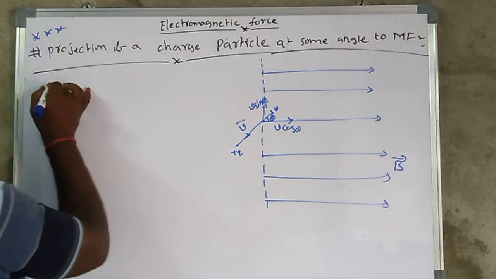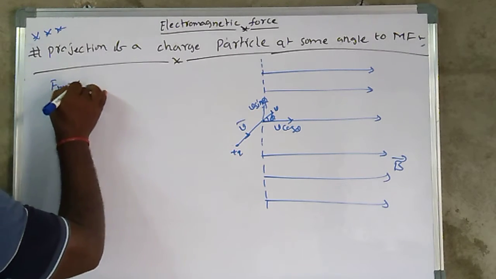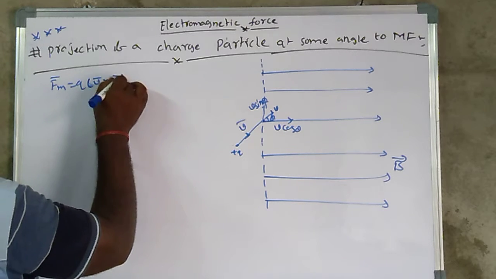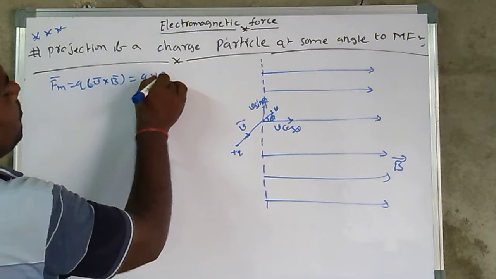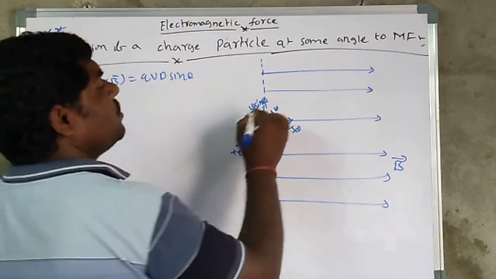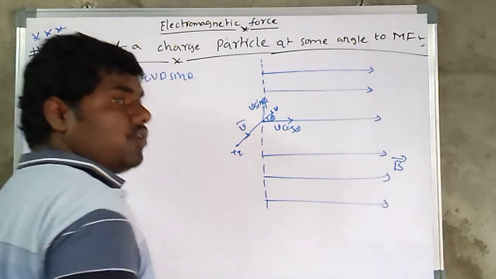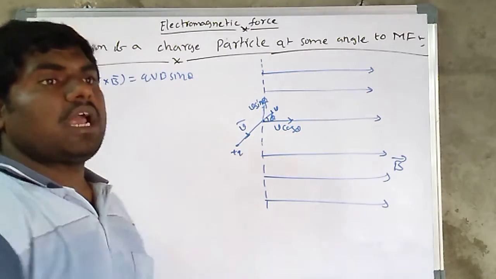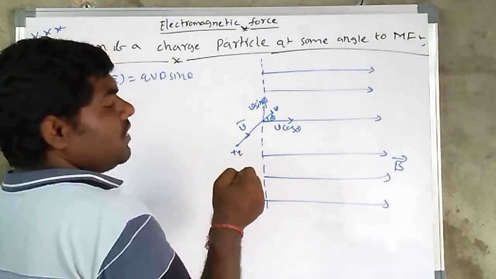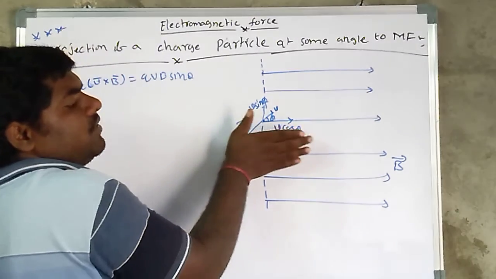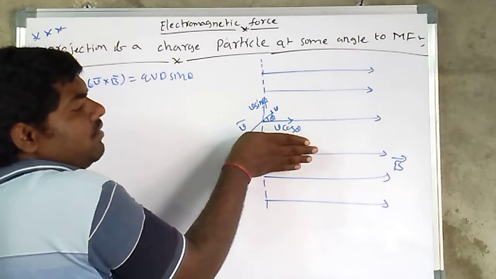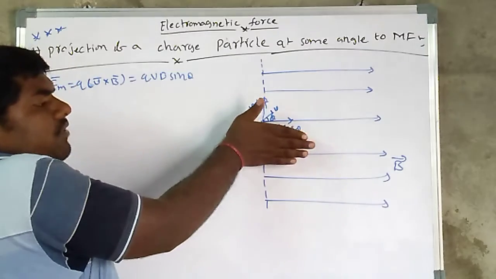As we know, force F_m is equal to q into v bar cross B bar, which is qvB sin theta. The sin theta term only produces force. For the force direction you may use the right hand palm rule. First stretch your fingers along the direction of the magnetic field, and open your thumb along the velocity direction.